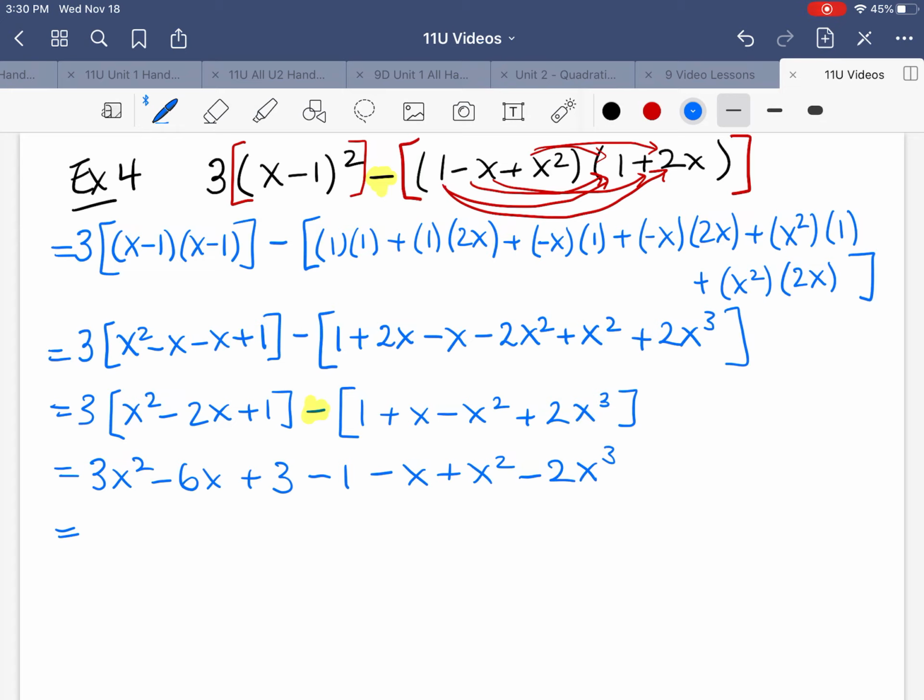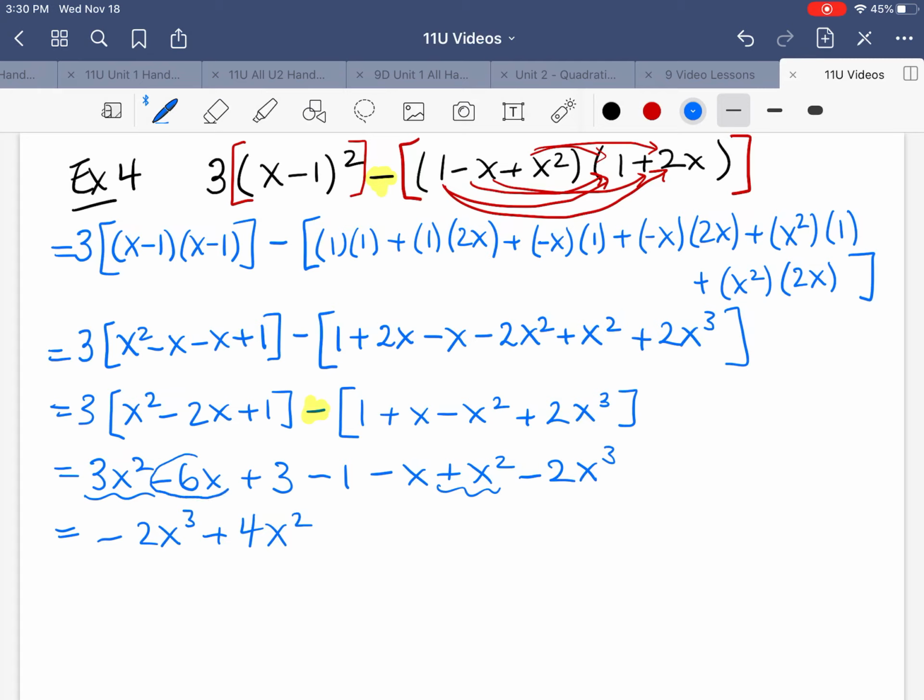Now we're going to collect our like terms. So we start off with our negative 2x cubed. There are no other terms with an x cubed. Then we have 3x squared plus x squared. That gives us 4x squared.